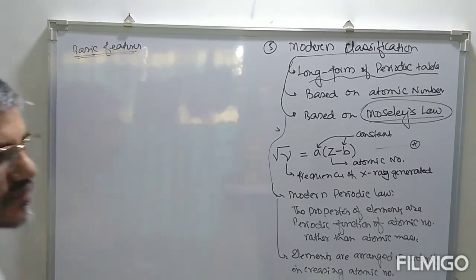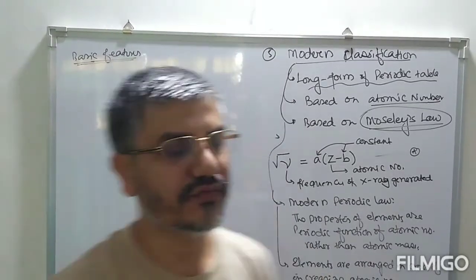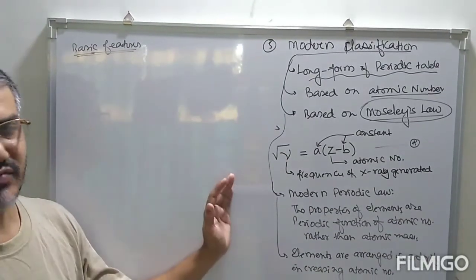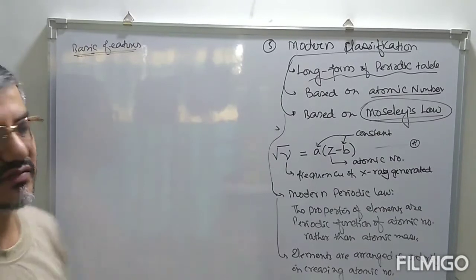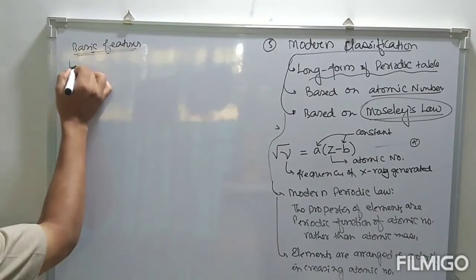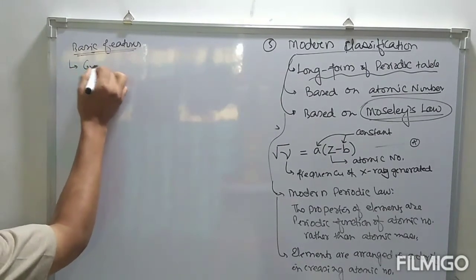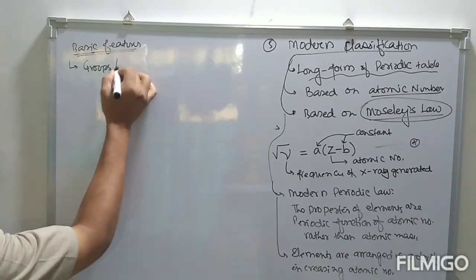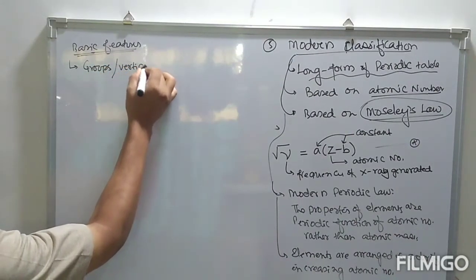Now the basic features. The basic features of Mendeleev's classification were still retained by this modern classification, that is groups, also known as vertical columns.